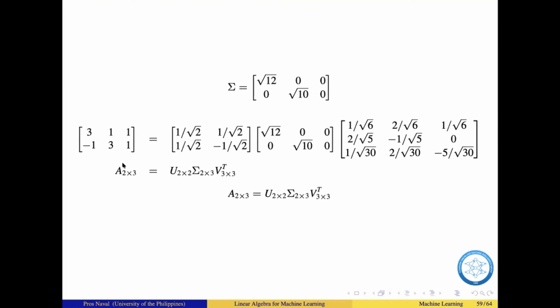So this original matrix can be decomposed using SVD into three matrices. This 2 by 2 U matrix, this 2 by 3 sigma matrix, and this matrix here, which is the transpose of the V that we have computed earlier. So don't forget to do the transposition, otherwise you'll get your wrong answer for this matrix.